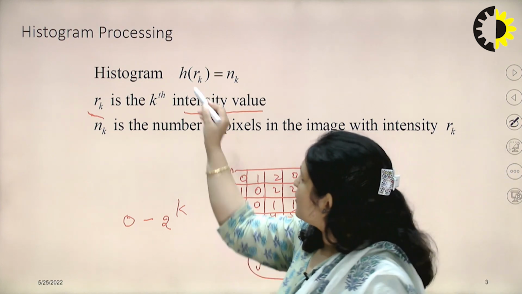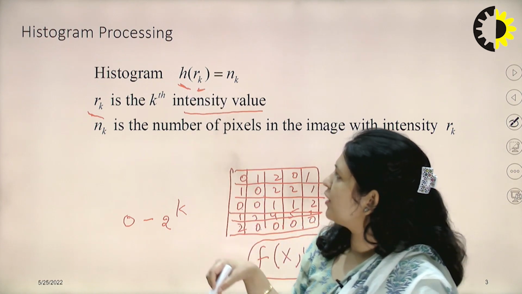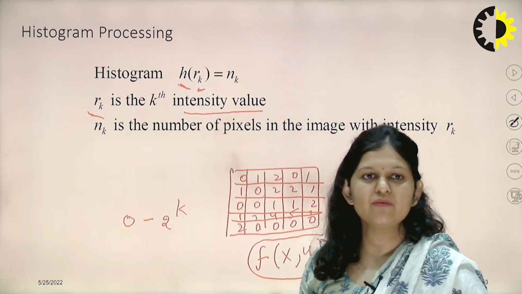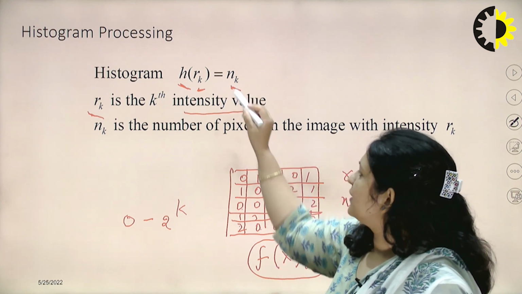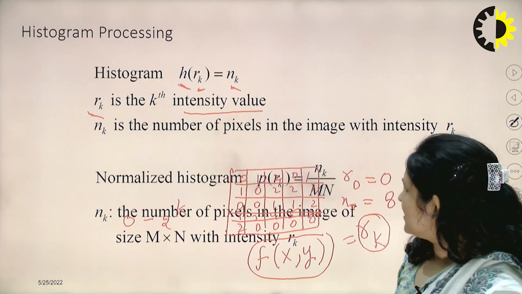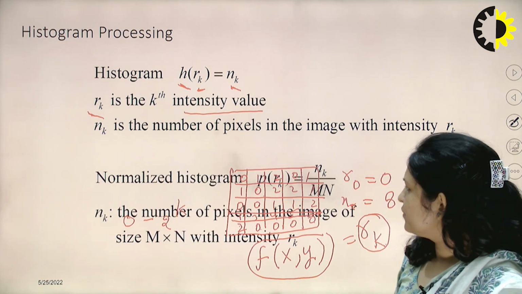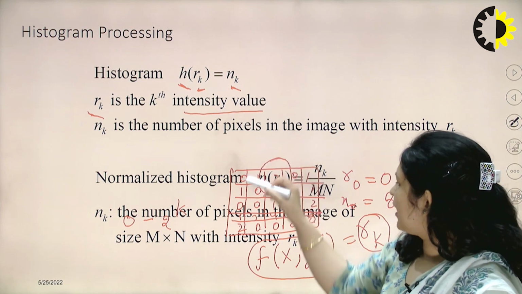Now the histogram is represented as a function of r_k: for a given intensity value, how many pixels take that particular value. For the normalized histogram, we find the probability of r_k.